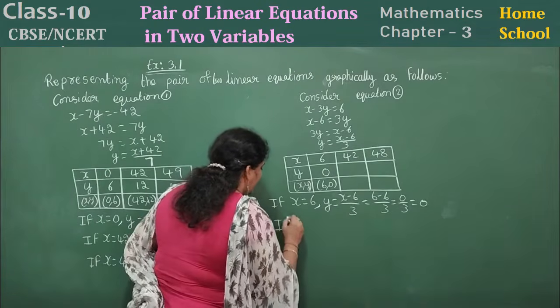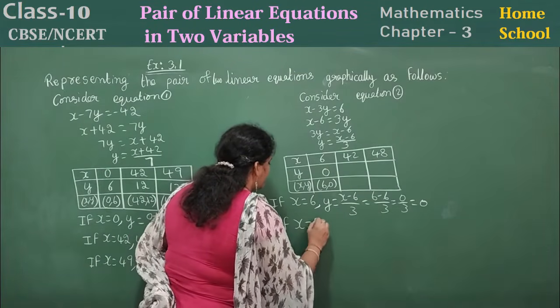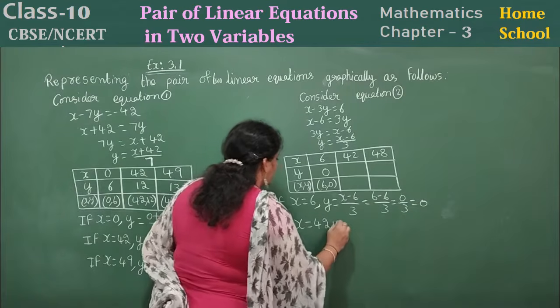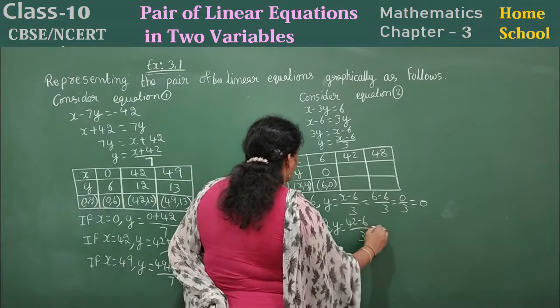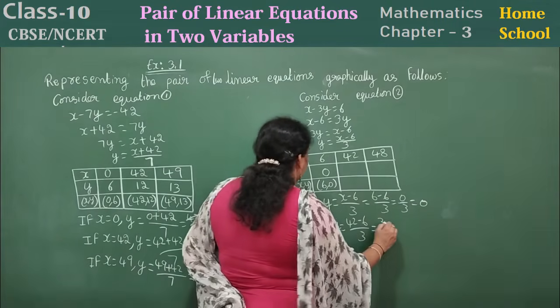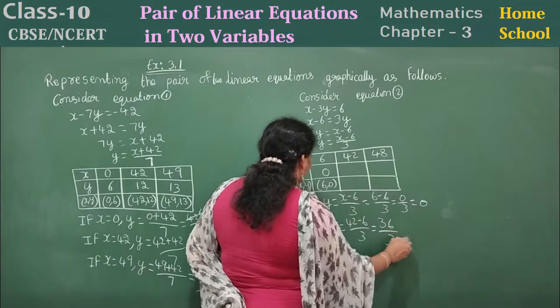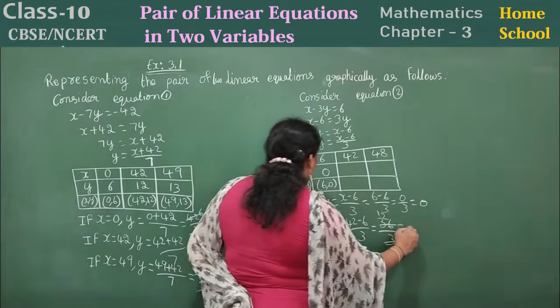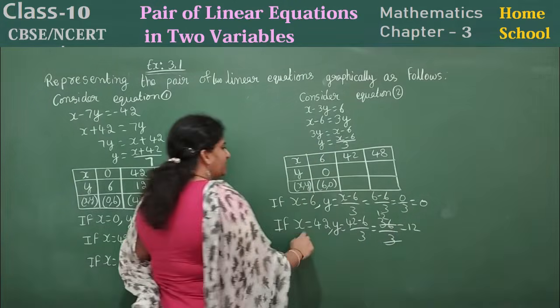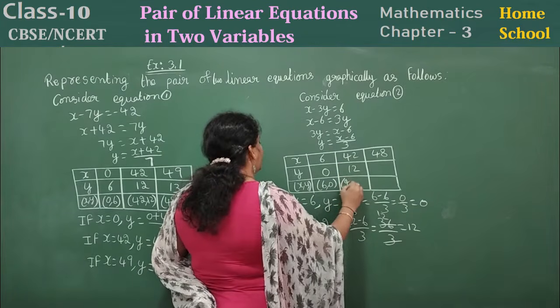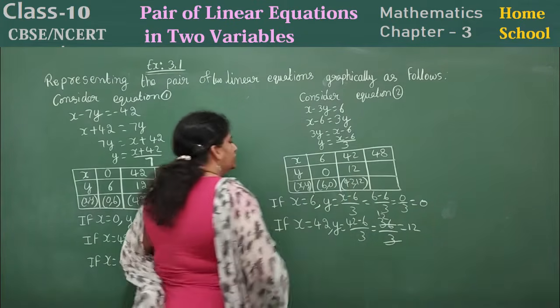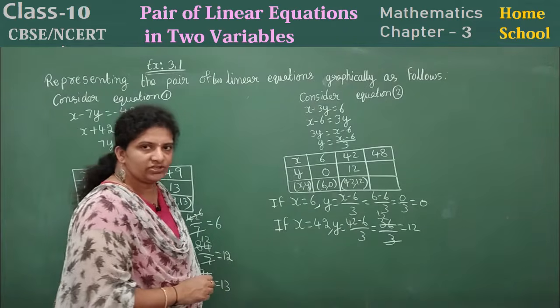Next, if x is equal to 42, y is equal to 42 minus 6 by 3. How much will it be? 36 by 3. That will be 12. If x is equal to 42, y is equal to 12. Coordinate will be 42 comma 12. Okay, children.